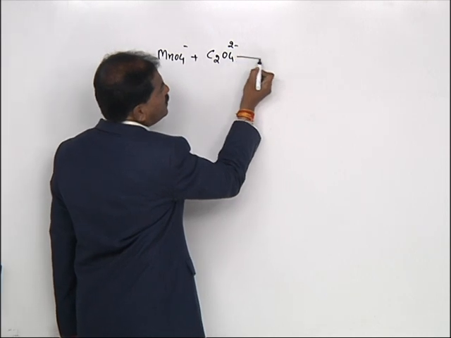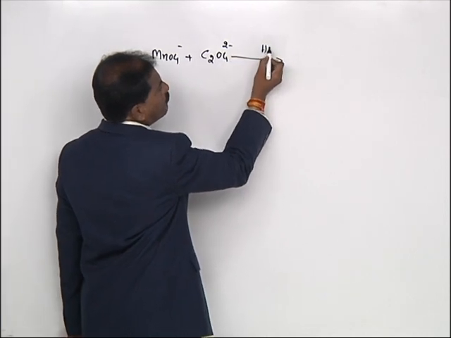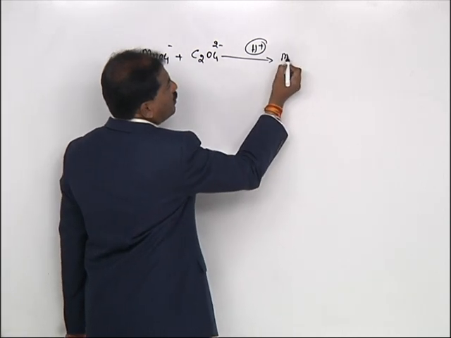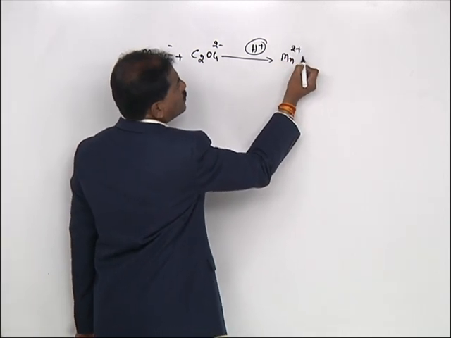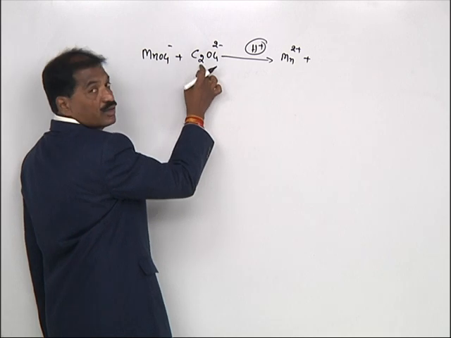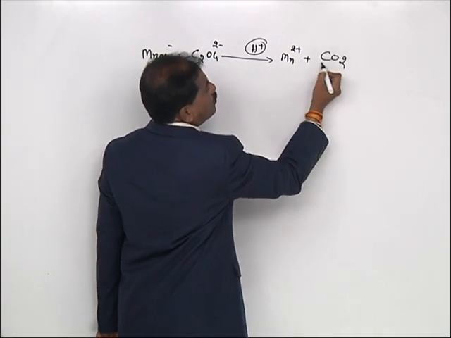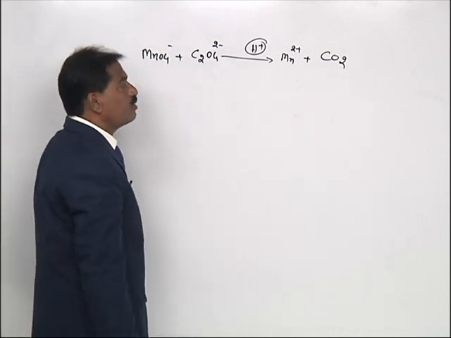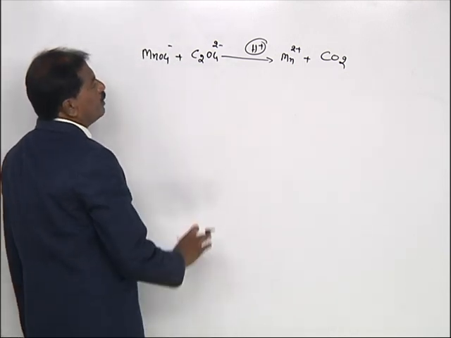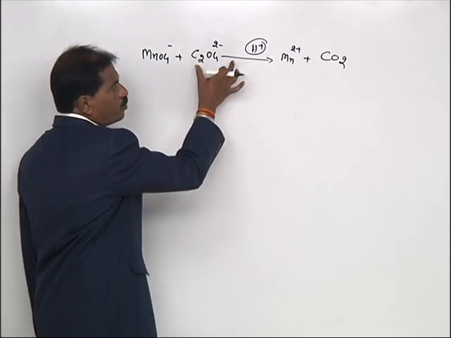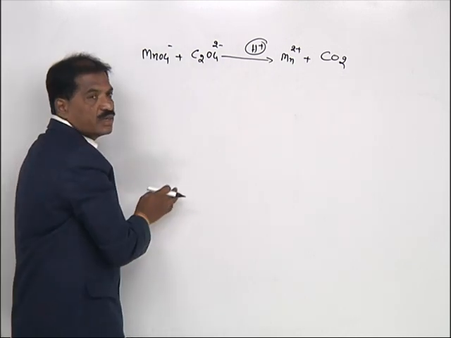Now the reaction is taking place in acidic medium. MnO4 minus will be reduced to Mn2 plus. Next, oxalate will be oxidized to CO2.